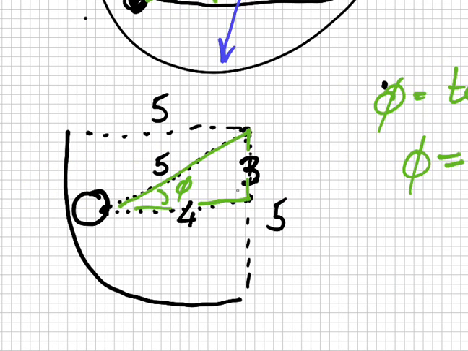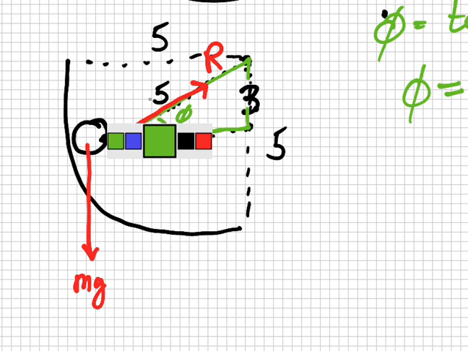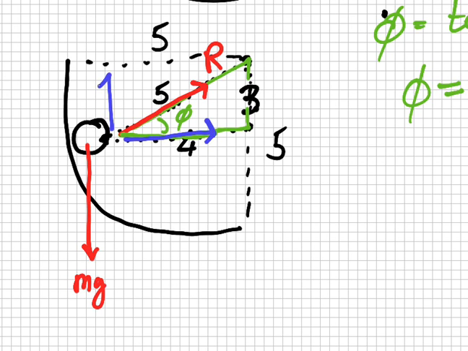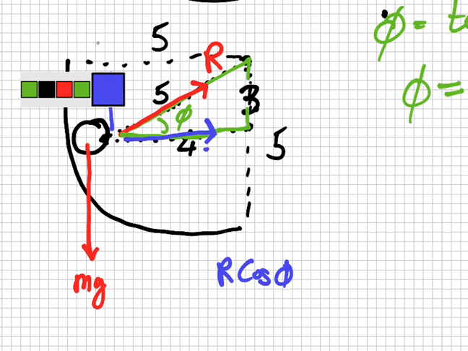There's one force going this way, which I'll call R, and then there's another force going down this way, which I call mg. We should break this force up into a part this way and a part this way. This piece here will be R cos phi, and this piece here will be R sine phi.